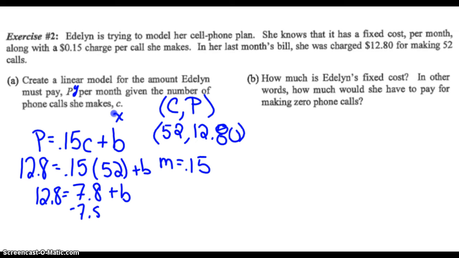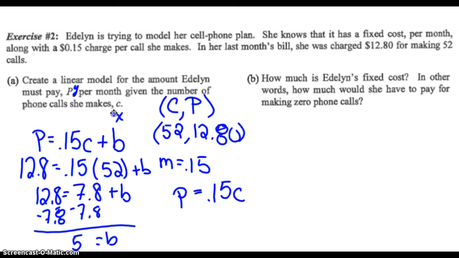Subtract the 7.8, and you will find out that B is 5. So to write that equation, I could write P equals 0.15C plus 5. That 5 being the fixed cost that I have to pay to even start the whole game.